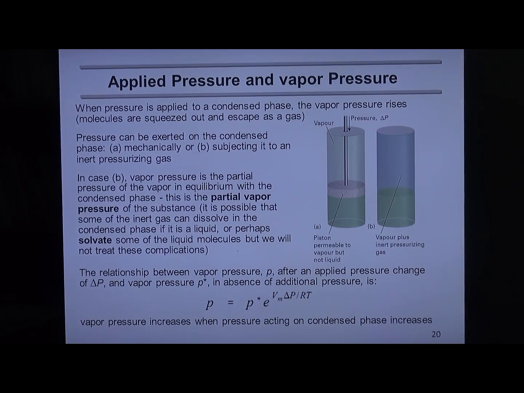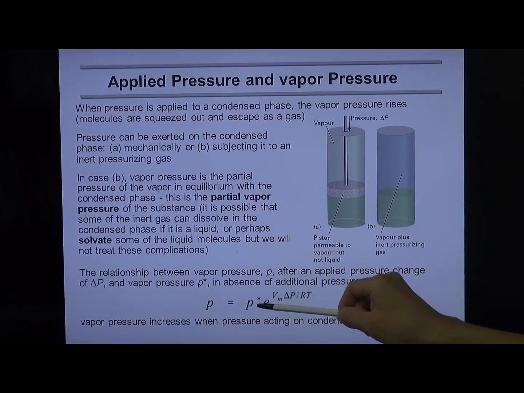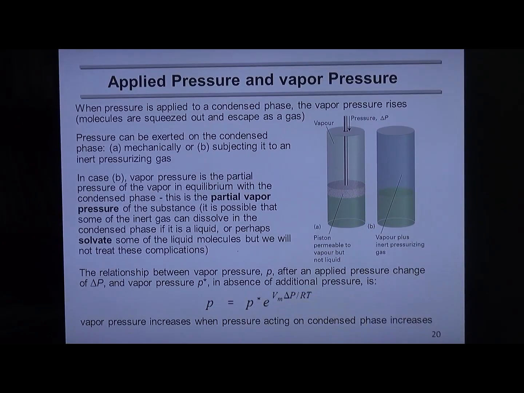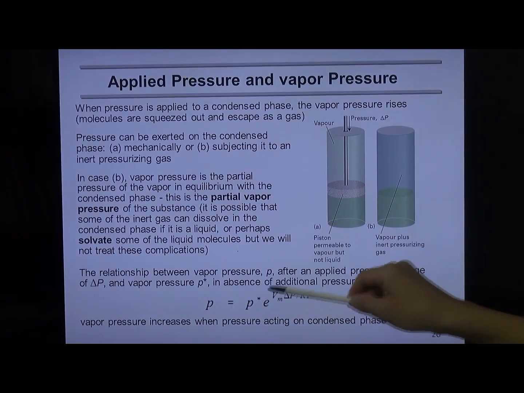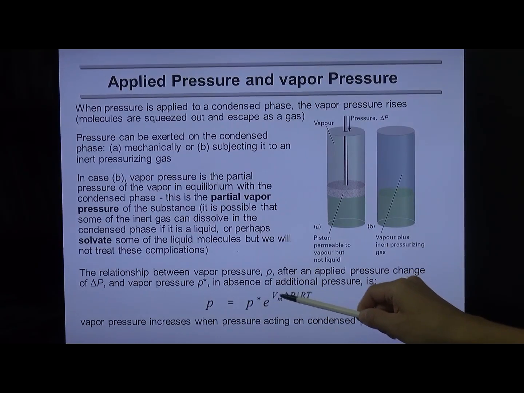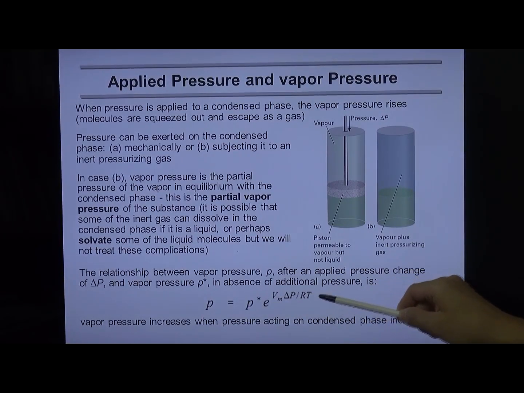The result is this equation. This is the vapor pressure after we apply pressure. P star is the vapor pressure without any additional pressure, and the pressure increases by this much, exponential of Vm delta P over RT.